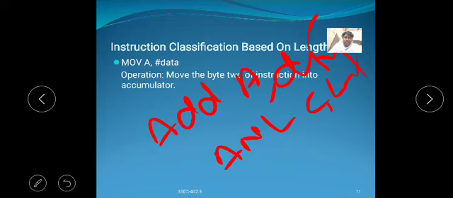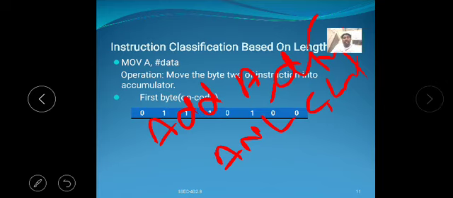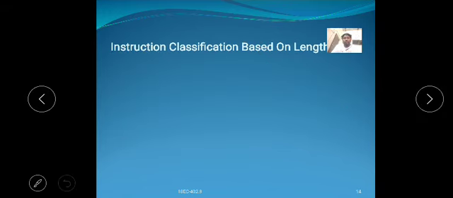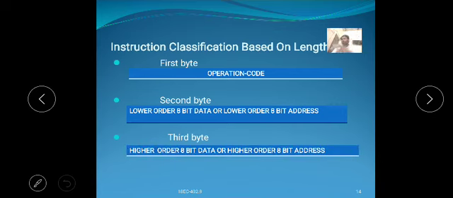The 3 byte instructions. This type of instruction occupies 3 bytes in memory: the first byte is for the opcode, and the second and third bytes are for the operands. They may indicate addresses or data, represented in different formats like immediate data, direct address, indirect address, and bit address.